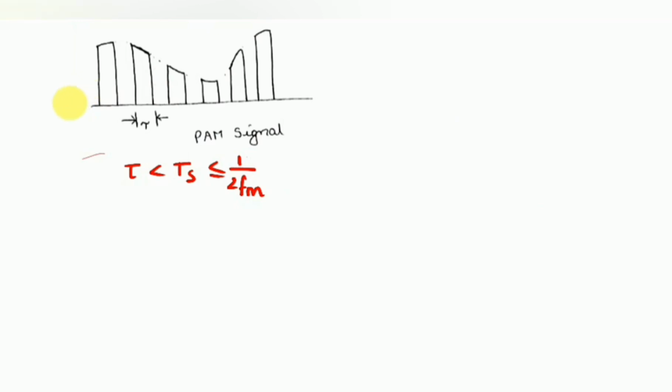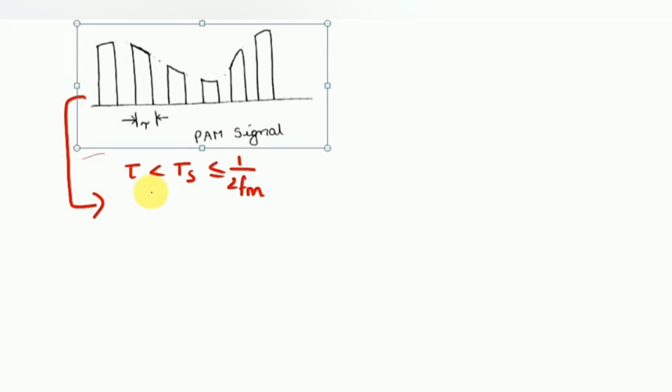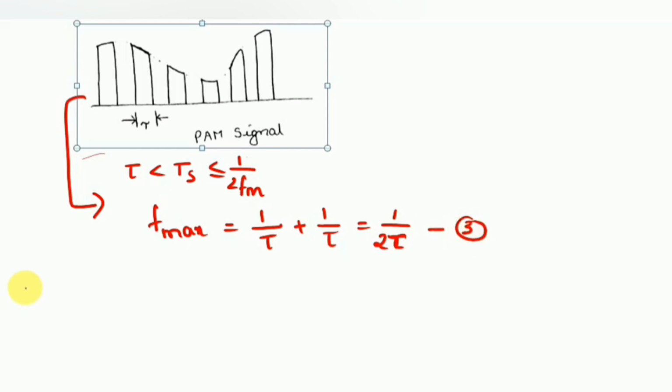Now from the waveform we can write the maximum frequency as F max equal to 1 by on time plus off time, that is 1 by tau plus tau, which is equal to 1 by 2 tau. So this is equation 3. We know that the bandwidth of the transmission signal is always greater than the maximum frequency of the PAM signal.